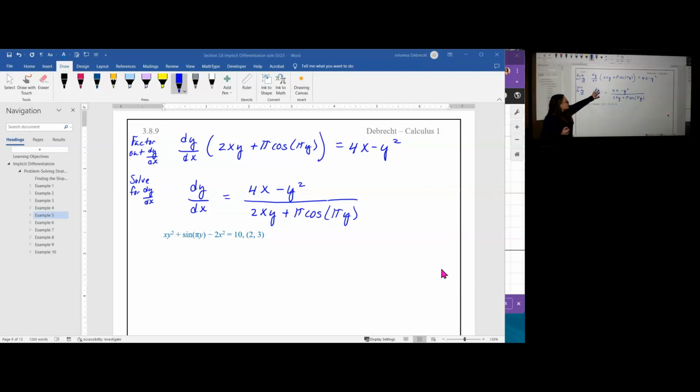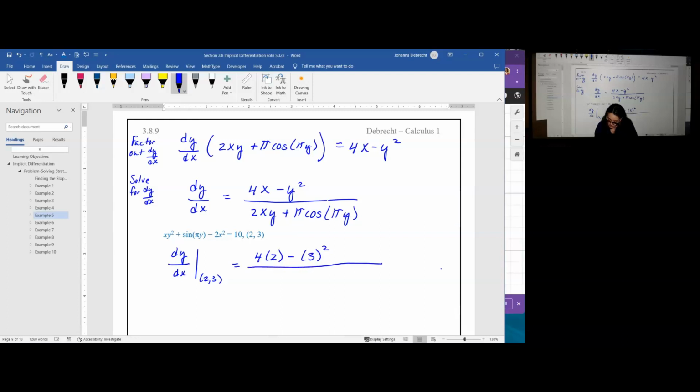I want to find the derivative of y with respect to x, specifically at the point (2, 3). This means evaluate dy/dx at the point (2, 3). So I'll substitute 2 in place of x and 3 in place of y, everywhere they occur in the derivative formula.